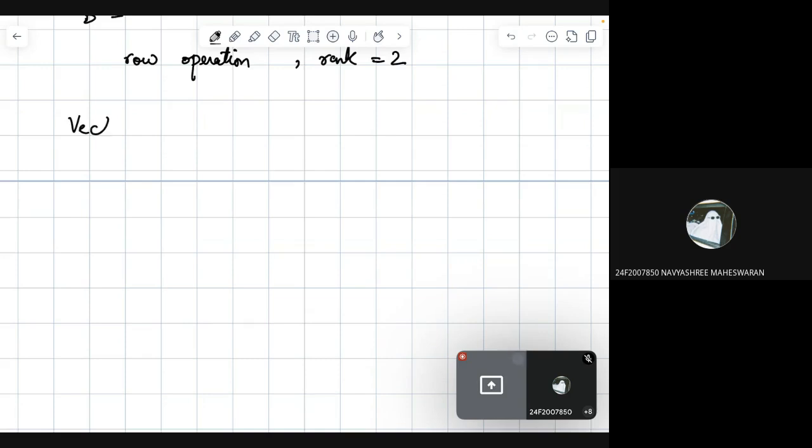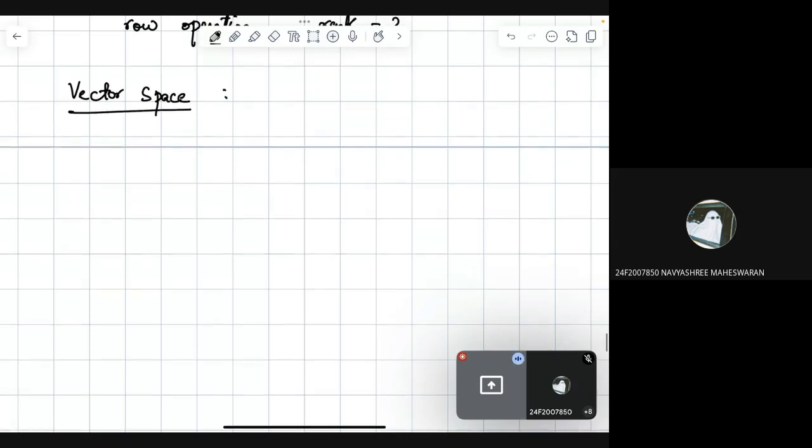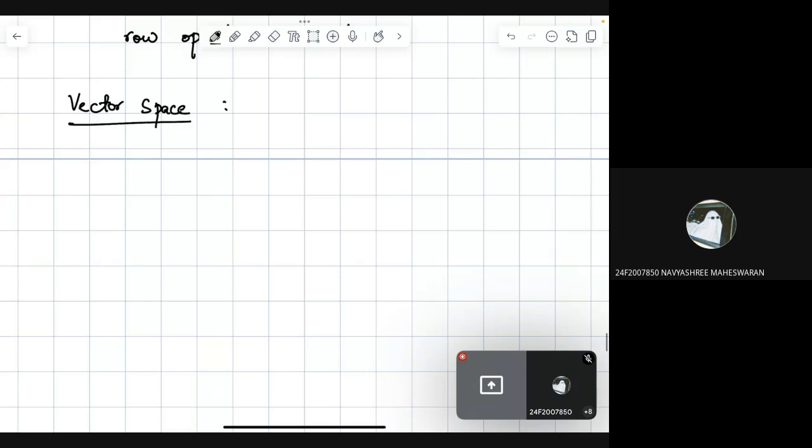So suppose you have a vector space. What is a vector space? Basically, a vector space is a set of vectors with the operations addition and scalar multiplication, and there is a field. Usually the field is R. The scalars are taken from here, and the vector addition and scalar multiplication both satisfy certain conditions.